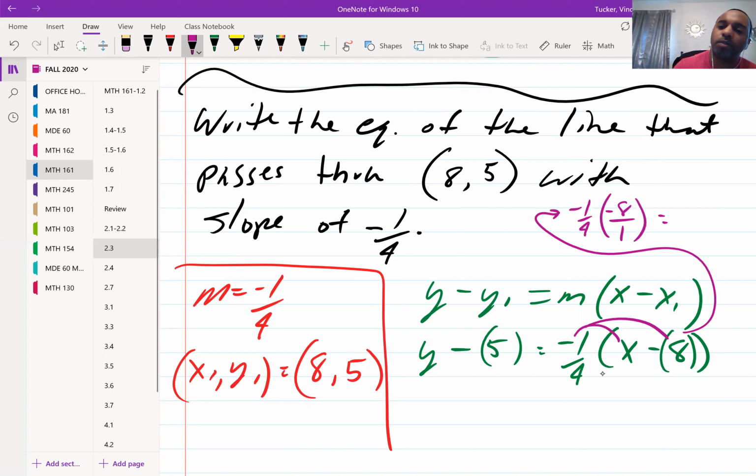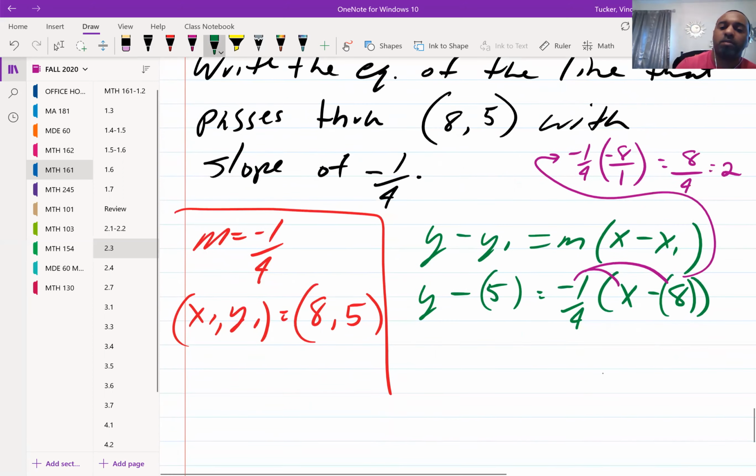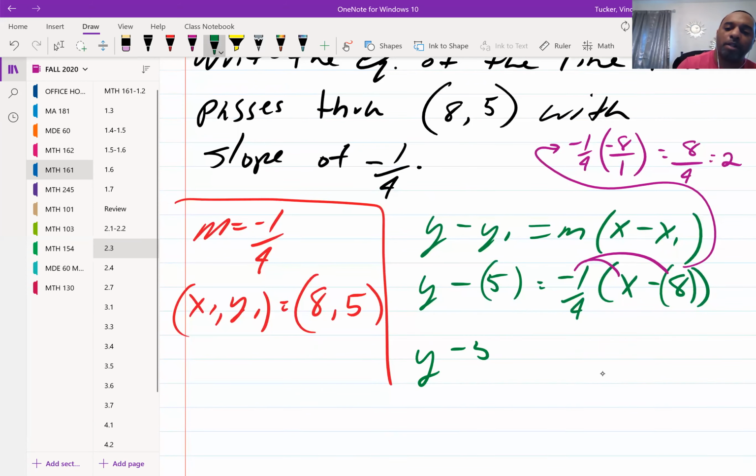Multiply across, that'll be 8/4, which is just 2. So that's y minus 5 equal to negative 1/4 x plus 2.